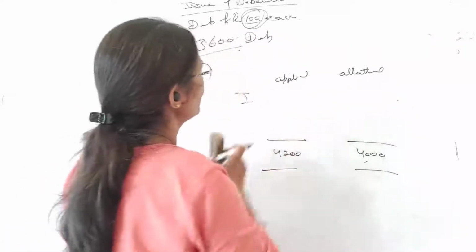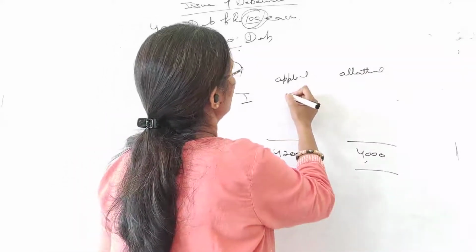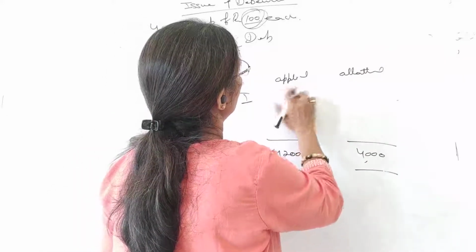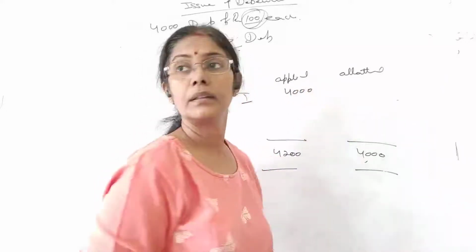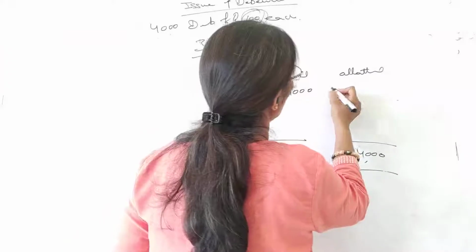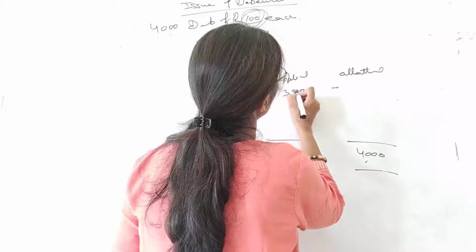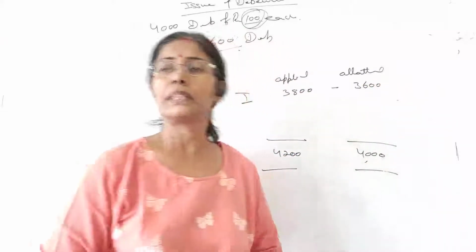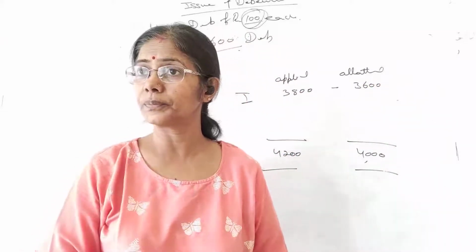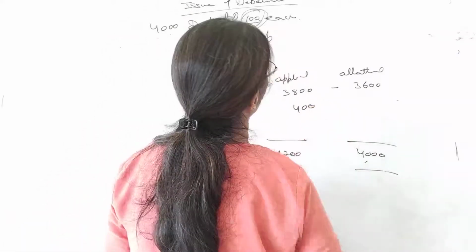How does this work? The first one applied for 4,000, and you have allotted, let it be 3,800, and you have allotted 3,600 to these people, and the remaining 400.